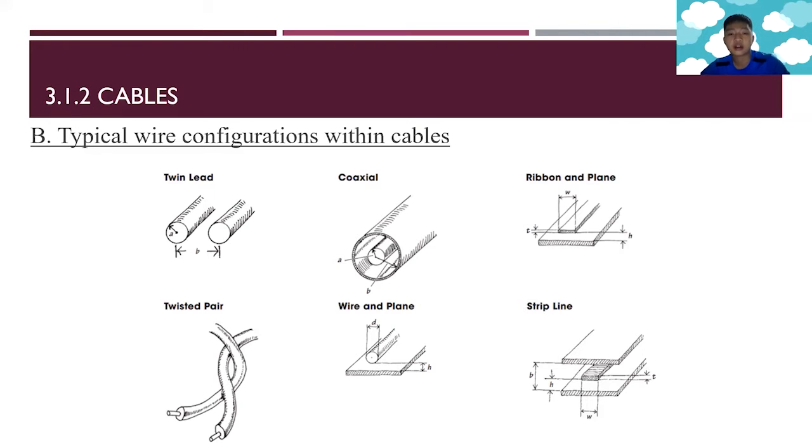Coaxial cable has one wire in the center, covered around by plastic. The next is the ribbon and flame. Next is twisted pair. Twisted pair is two wires in a pair.